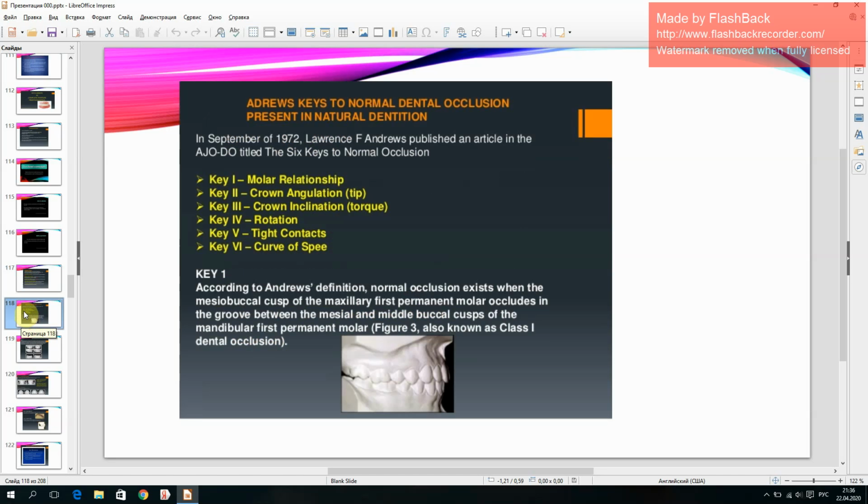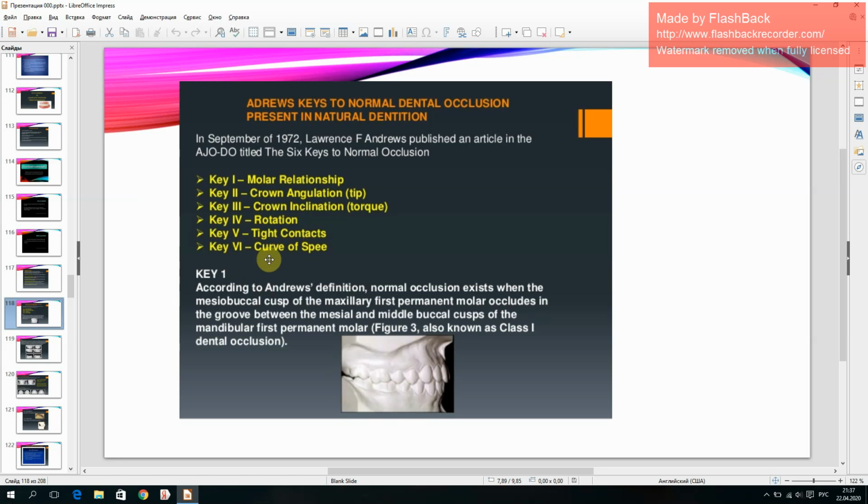Andrews' six keys to normal dental occlusion. K1: molar relationship. K2: crown angulation. K3: crown inclination, torque. K4: rotation. K5: tight contacts.